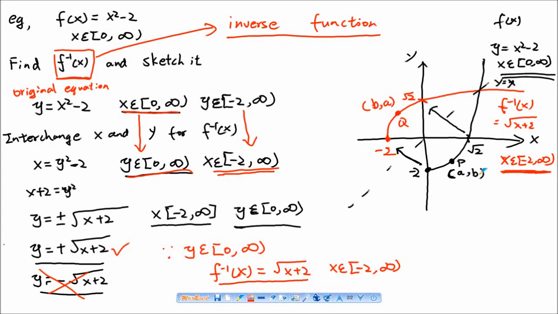The y coordinate on the original graph also becomes the x coordinate on the inverse graph. This is all because of the interchange between x and y.